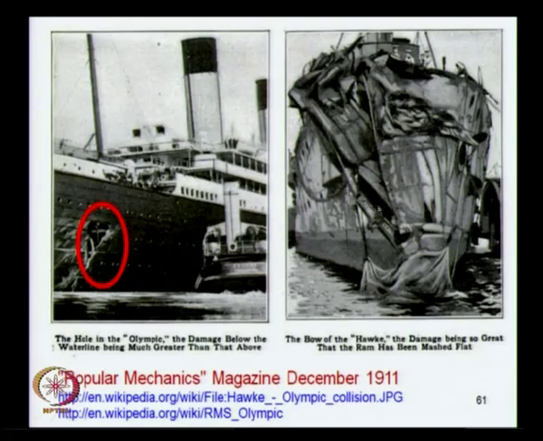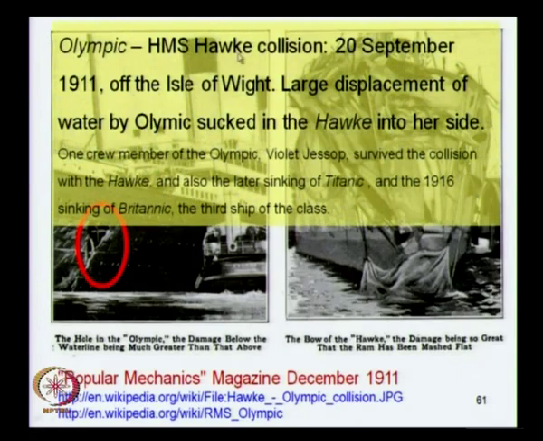These ships belong to the family of ships like the Titanic, and the accidents actually took place around the same time. So, in fact, this is the Olympic-Hawk collision. Yes, indeed it is 20th September 1911, and this is what caused the damage to the Olympic, which was sucked into the Hawk on the side, and that caused a good bit of damage.